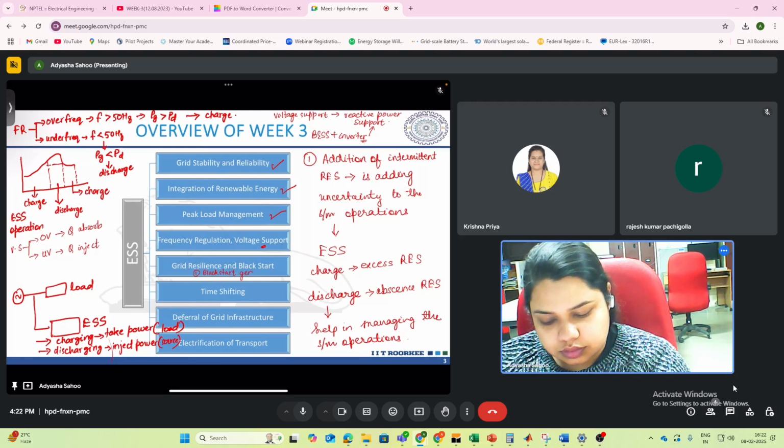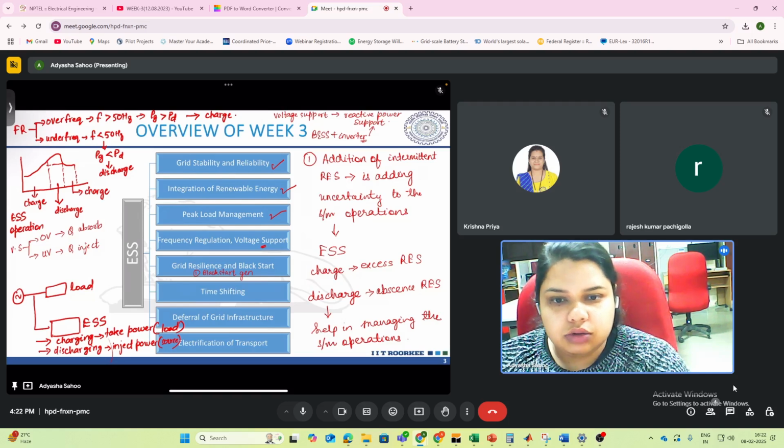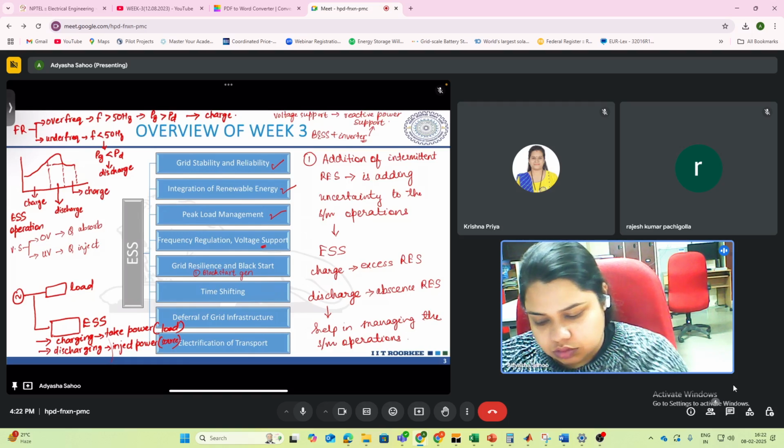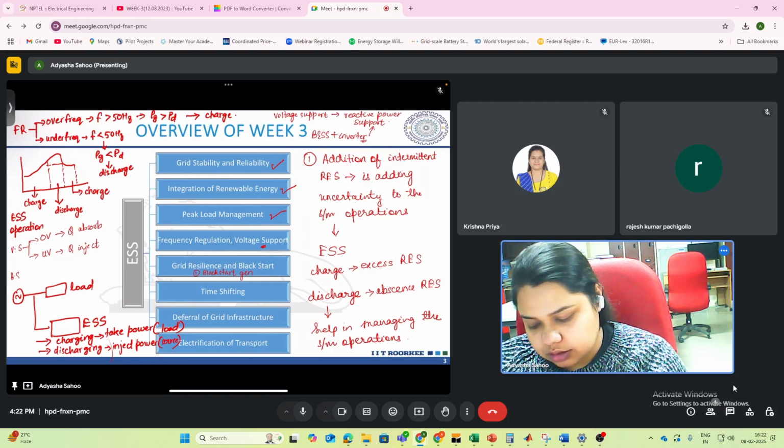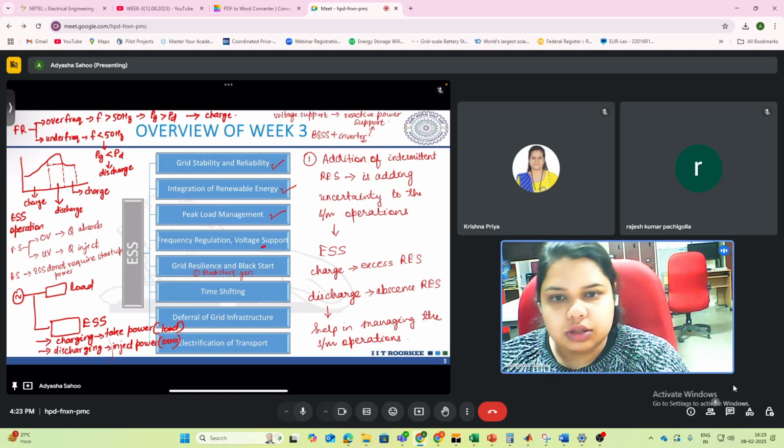These storage devices, since they also do not require any startup power, can help in the black start restoration of the grid. So since for black start support the energy storage device does not require startup power, they can facilitate the system restoration also.